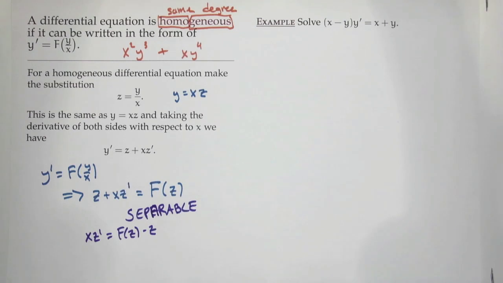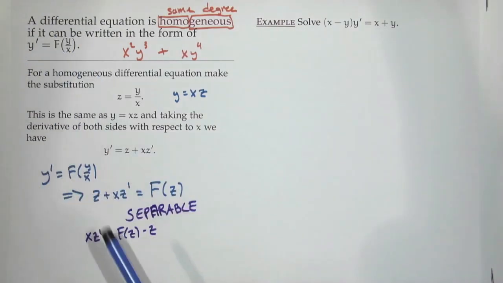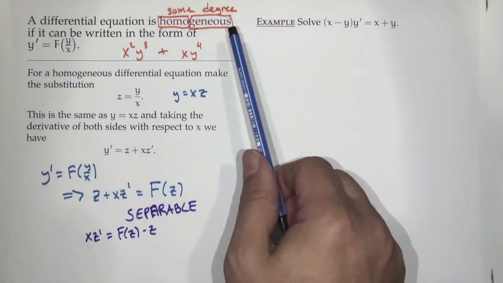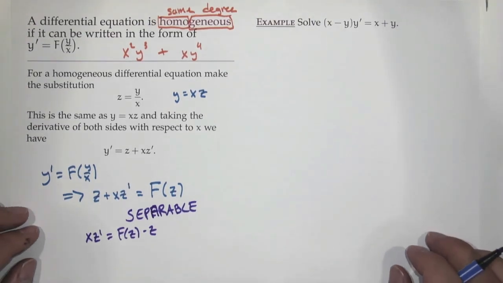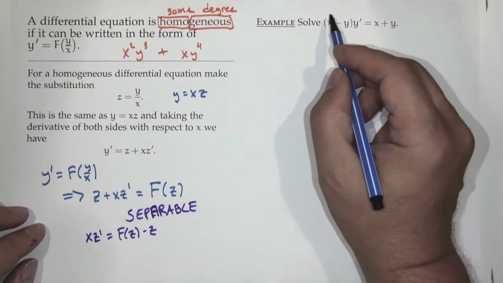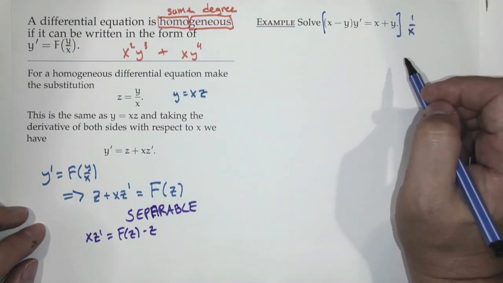So, what would you do? Well, if you think something is homogeneous, you have to write everything in terms of y over x. How can I make things look like y over x? Divided by x. Or, if you like, you can multiply by 1 over x.